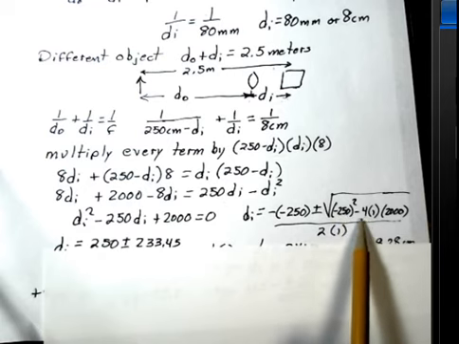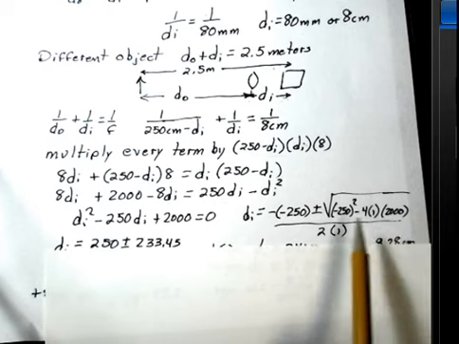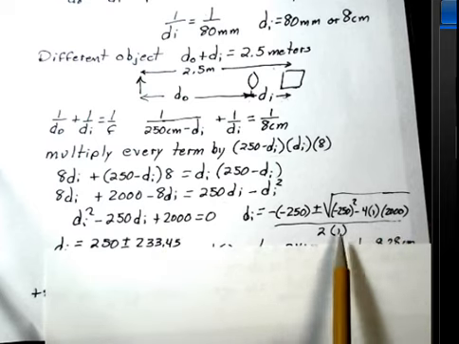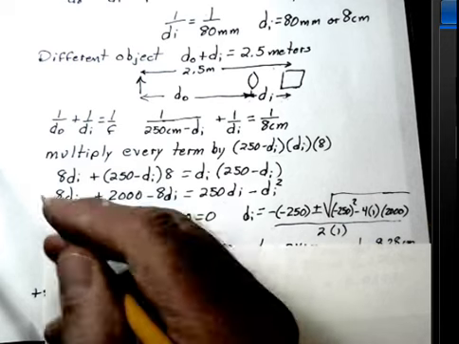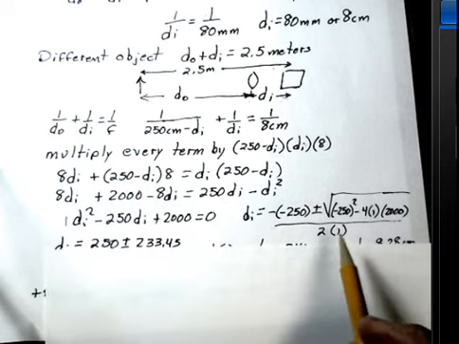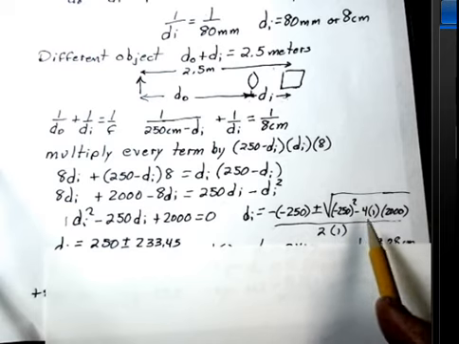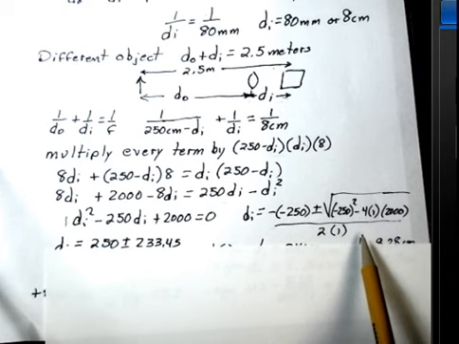The 4 is part of the quadratic formula. The 2,000 is the c number, plus 2,000. And then we divide by 2 times a. The coefficient of di squared is 1. The 2 times a 1, and there's also the 1 here for 4ac. You should pause and work this out on your calculator.